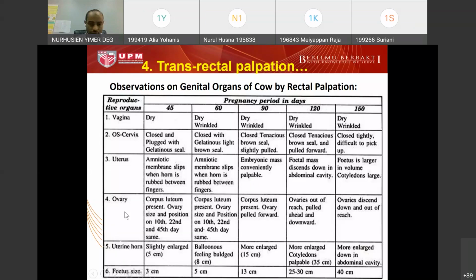Corpus luteum is very important for the progesterone to be released for maintenance of pregnancy. So that is one of the most significant findings during pregnancy that you expect from the ovary. The size of the uterine horn, as I mentioned, will change over time. This is the estimated size.